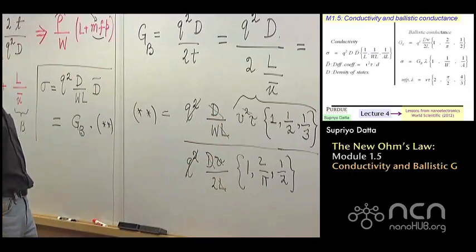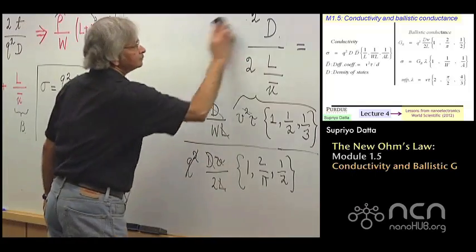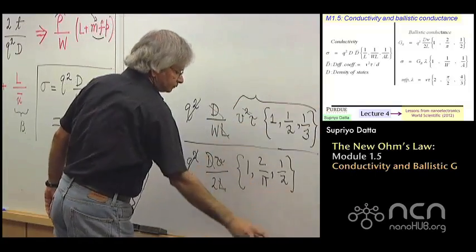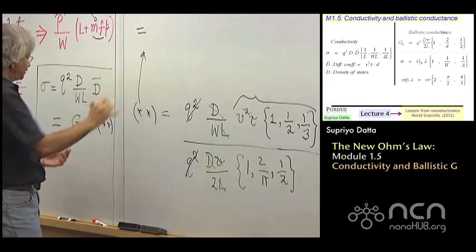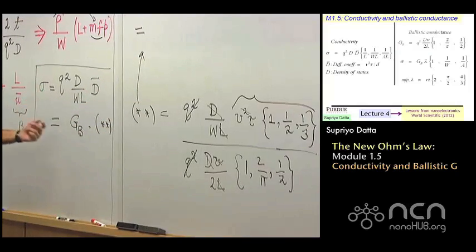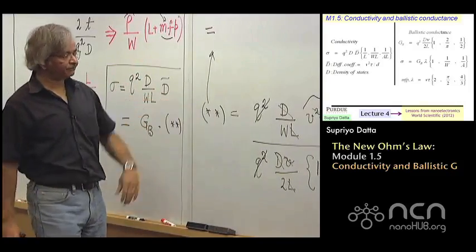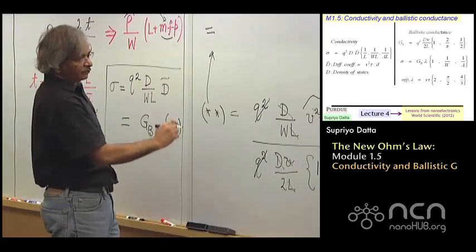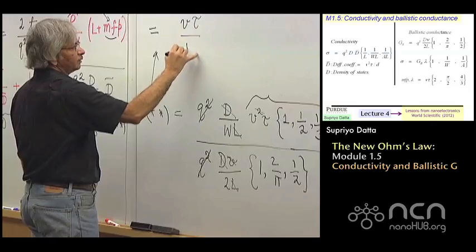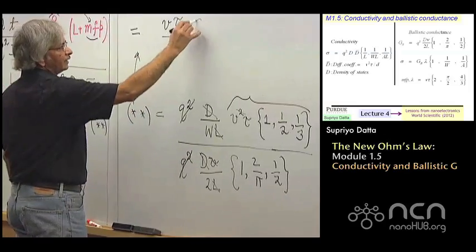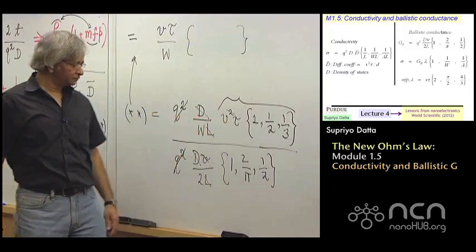So what you get is, remember, I'm still trying to write conductivity as ballistic conductance times something, and I'm trying to figure out what that something is. You can see that something looks like V tau divided by W, and then a numerical factor that depends on the number of dimensions.